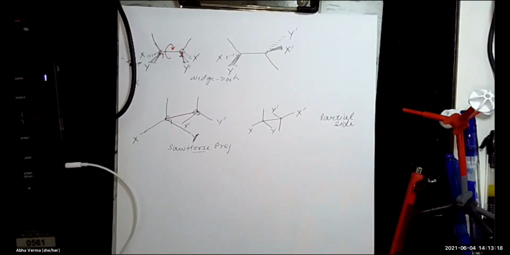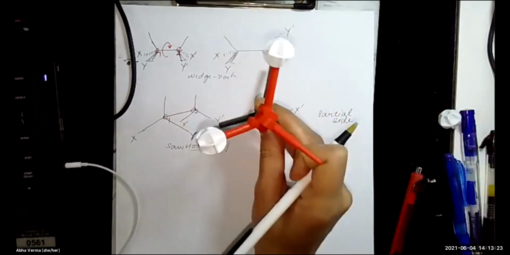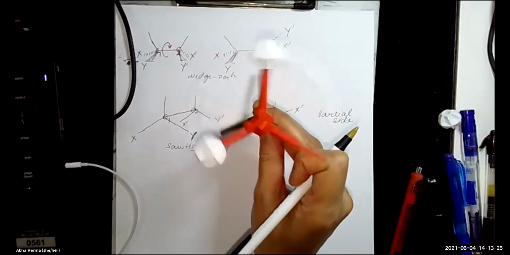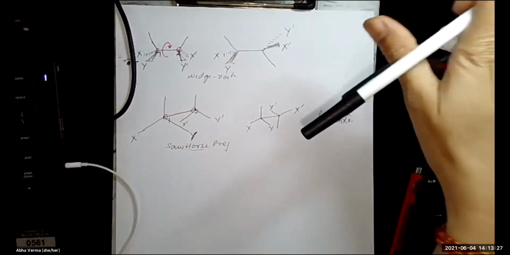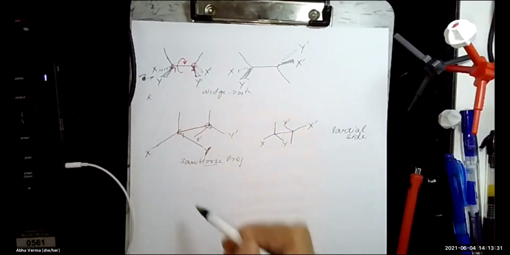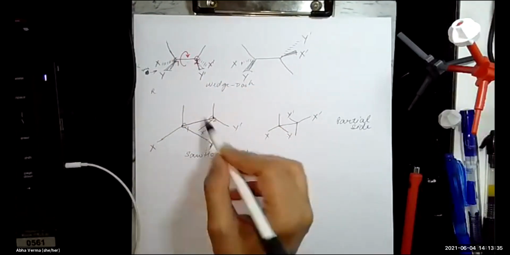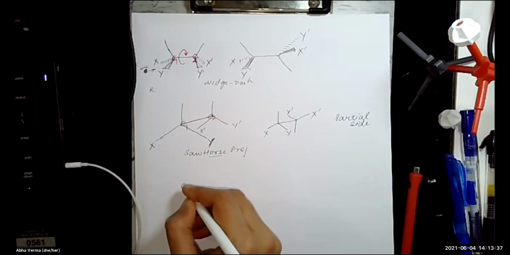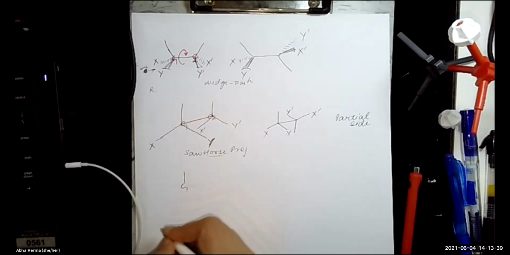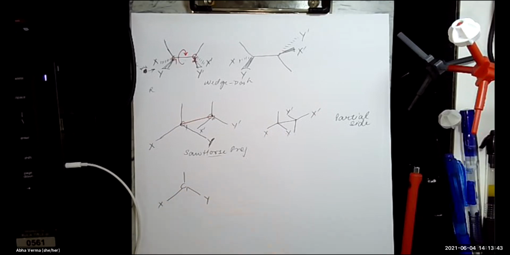Now let's try a Newman. A Newman is going to be our back-to-back or completely obstructed view from the top of the molecule. So same molecule, I'm going to draw again. C1, exactly same features. I have my C1. There is a group going up. X right here, Y right here.